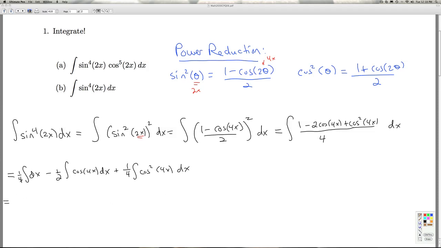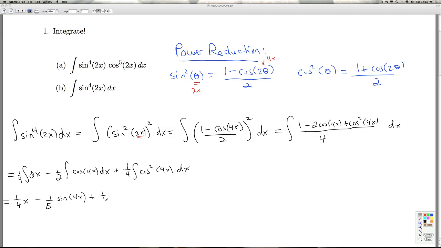The first two integrals I can do, they're Calc 1 integrals. That's 1/4 x minus the integral of cosine 4x is going to be more or less sine 4x. I need a 1/4 to counteract that 4, so that's 1/8 sine 4x. And I need to use power reduction again to knock down this power of cosine.